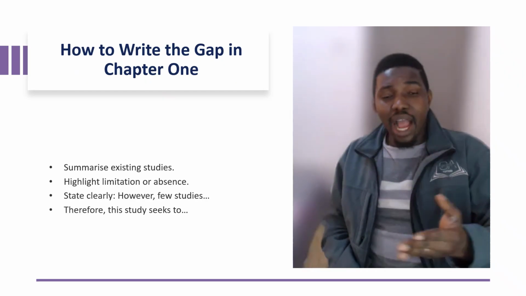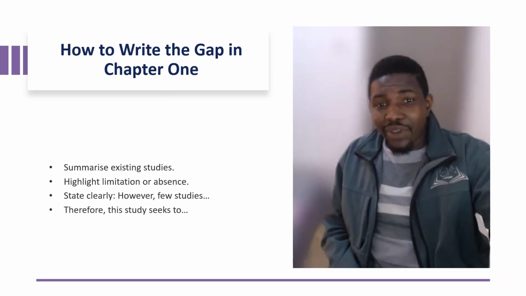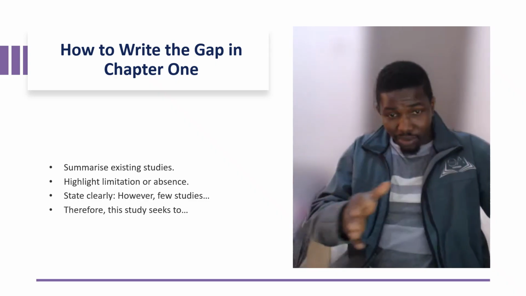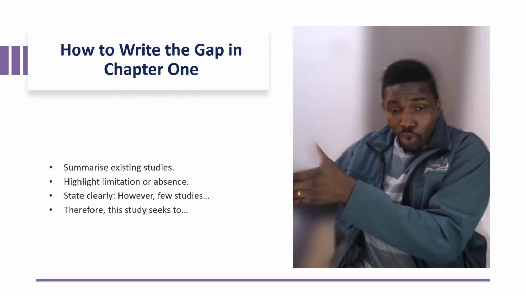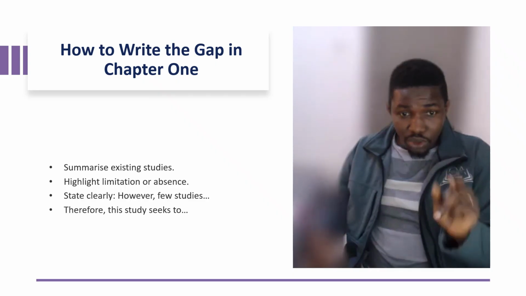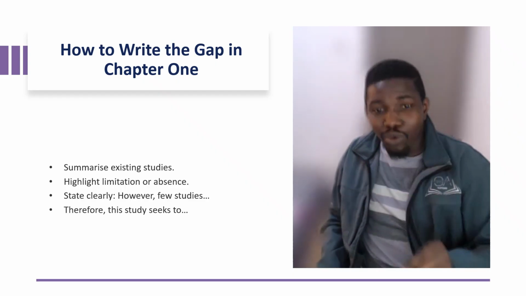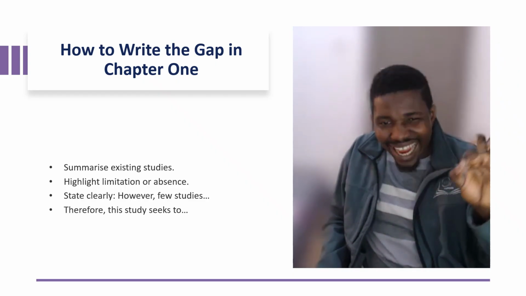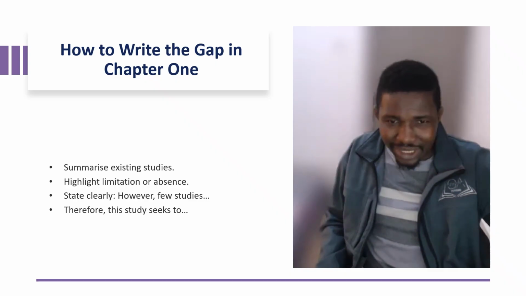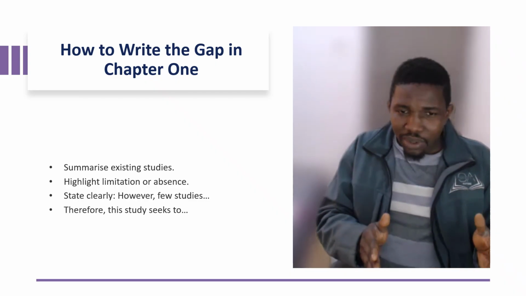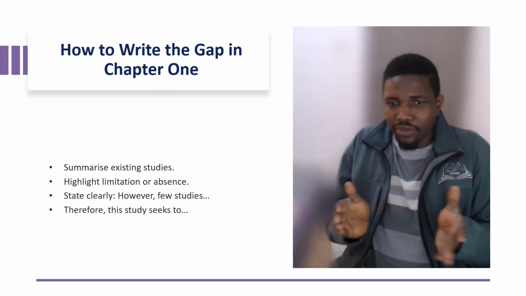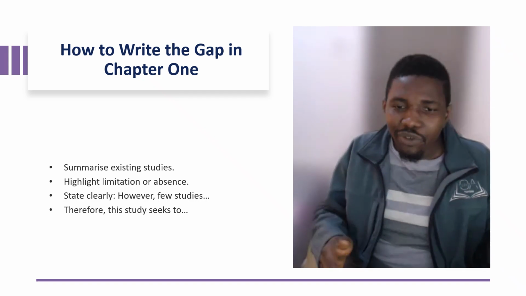Now, how do you then write it? If you have done that tabular thing, what they did, what they did not do, what you want to do to cover up for what they did not do, summarize what they have done, highlight and mention the limitation and what is absent, state clearly how they have missed it. You say, for example, starting with "however, few studies."